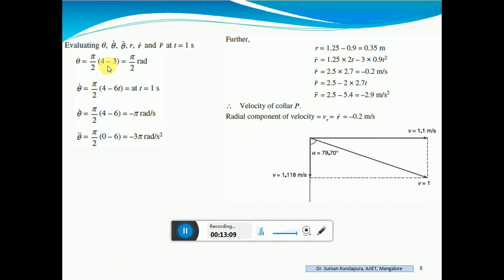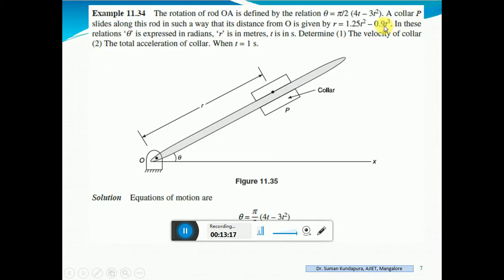So we know the basic equation, that is theta is equal to pi by 2 into 4t minus 3t squared. So you have to differentiate this equation once and apply t is equal to 1 second. Differentiate this equation twice and apply t is equal to 1 second.